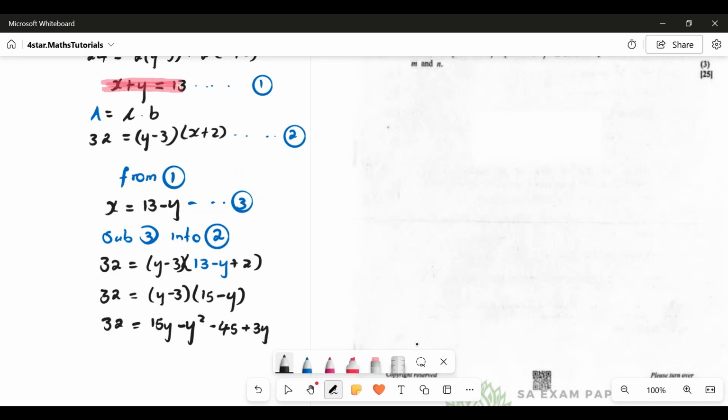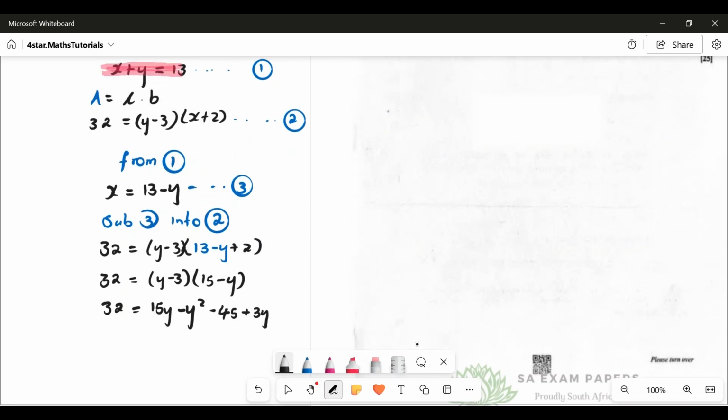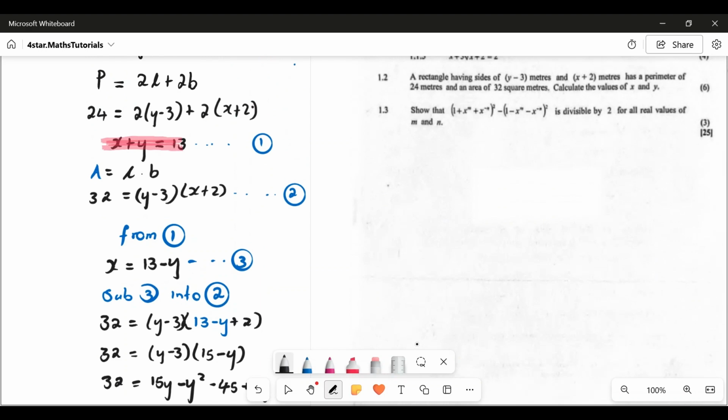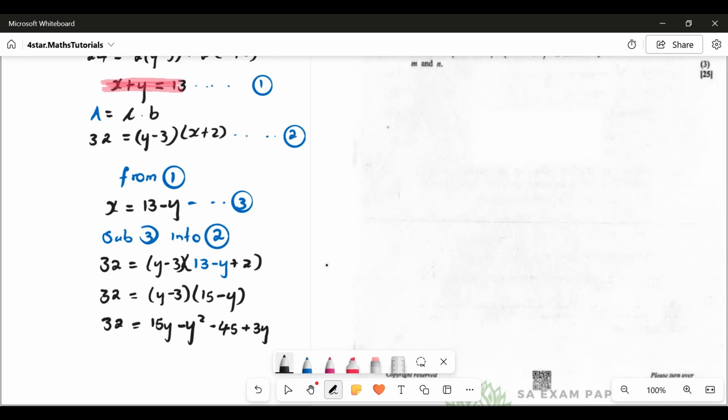Then if I put this in standard form, on this side we're having 32, and on that side we add negative y squared, 15y, minus 45, and 3y. 15 plus 3 is 18, so we're having 18y, then minus 45, then minus y squared.